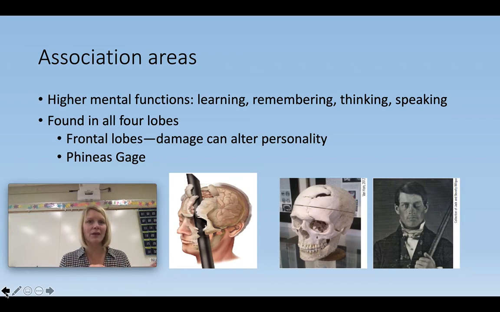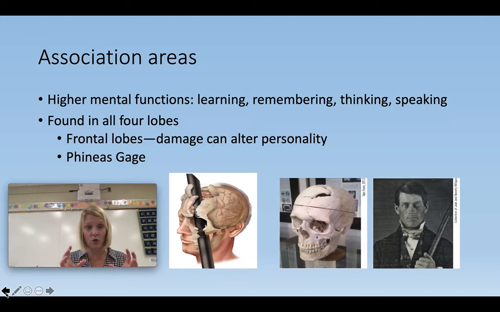But it wasn't because of the traumatic effects that he had suffered in the accident. It was because his brain was changed. His personality was really altered. We especially see this in case studies of sociopaths and people who suffer from severe mental illness like schizophrenia.